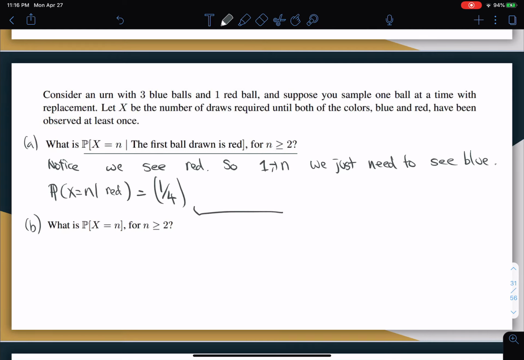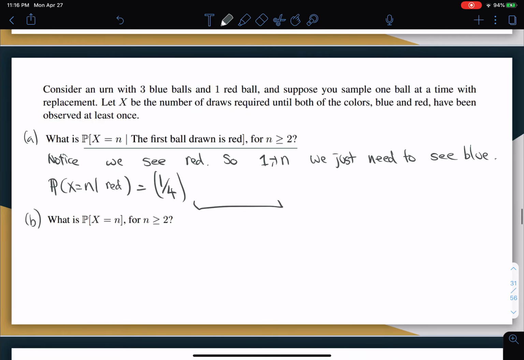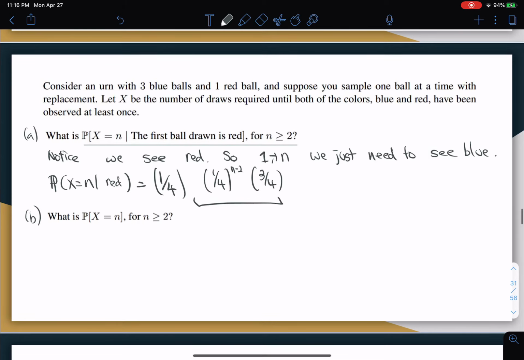And then for the n minus 1 cases, my final one is going to be 3 over 4. But I'm going to see 1 over 4 n minus 2 times until I get to 3 over 4. Why n minus 2? Because I already saw it once. So this is 1, this is n minus 2, this is 1, and once you add them up, you get n. So this is our final probability.